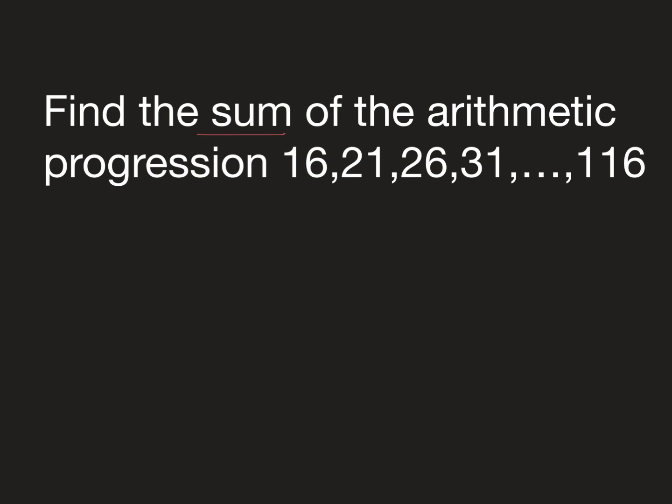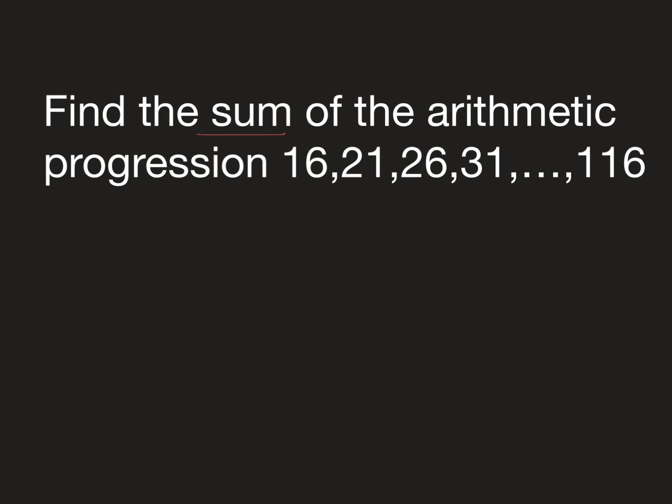So actually, what the question is asking you is the sum of the terms from 16 up to the last term, which is 116. Which means we need to know the n term. We need to know how many terms there are from 16 to 116.